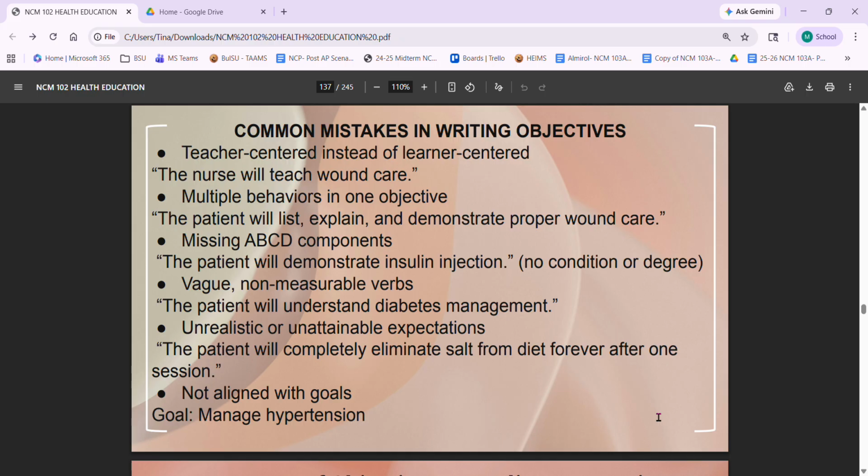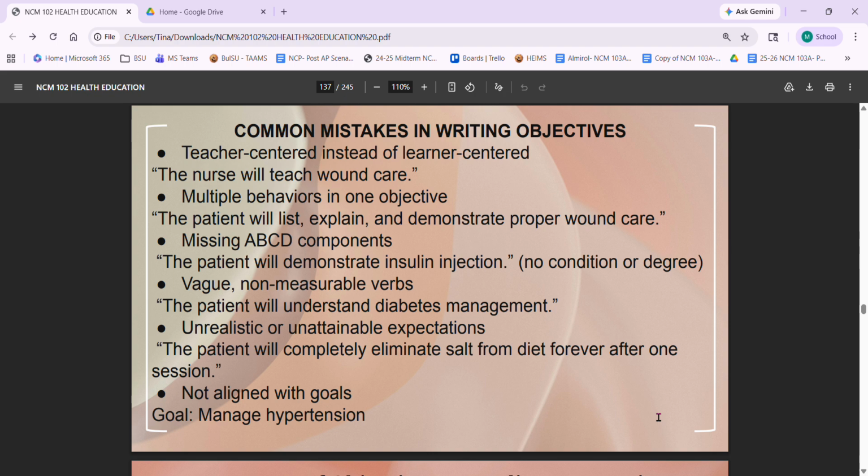So, the nurse will teach wound care. Okay? Mali. Next, multiple behaviors in one objective. The patient will list, explain, and demonstrate proper wound care. Okay? So, ang dami. Madaming behavior. So, again, avoid using multiple behaviors in one objective.